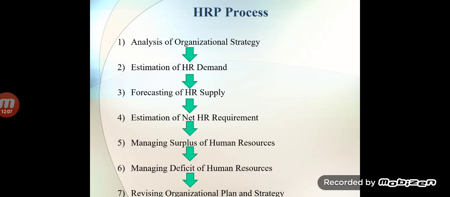Third, forecasting of human resource supply. Fourth, estimation of net human resource requirement. Fifth, managing surplus of human resources. Sixth, managing deficit of human resources. And the seventh is revising organizational plan and strategy.